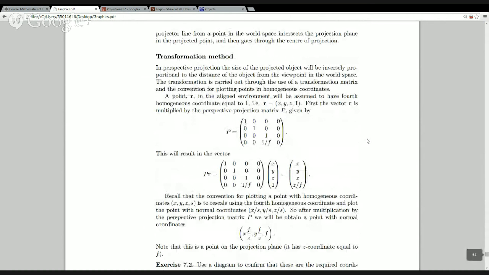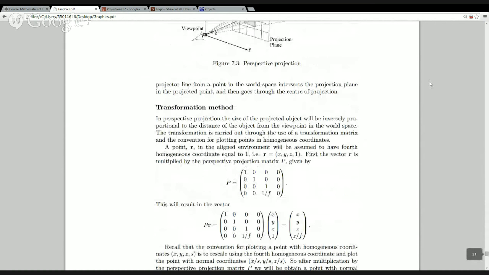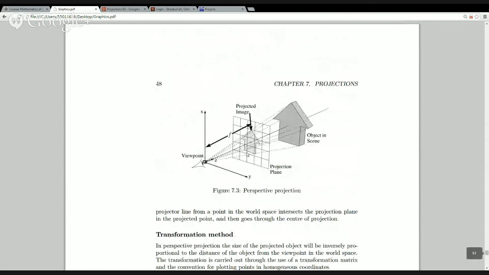So first of all, the problem is, given the setup for this scene, so what's the setup for this scene going to be? So the viewpoint is at, we take it that the virtual environment has been aligned, so the viewpoint is at the origin.